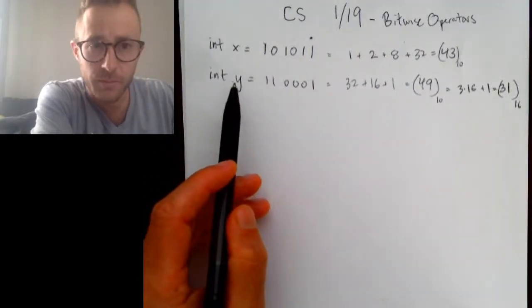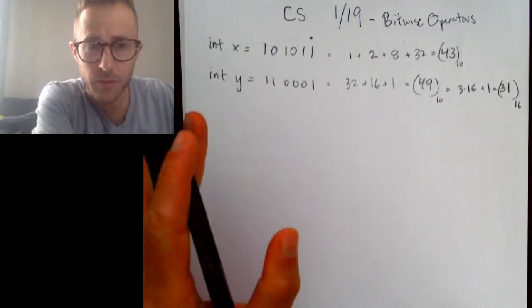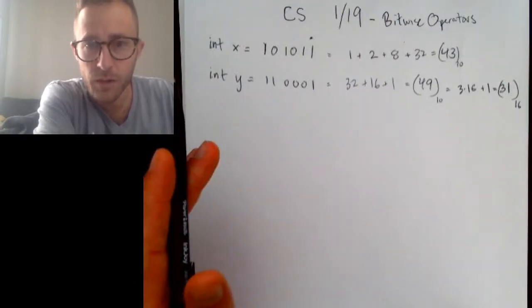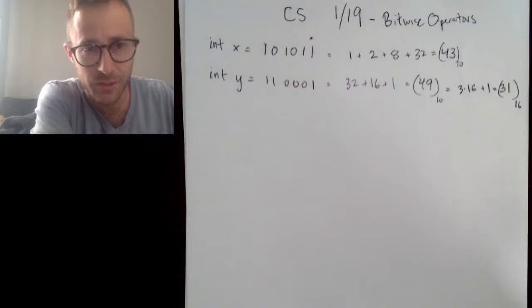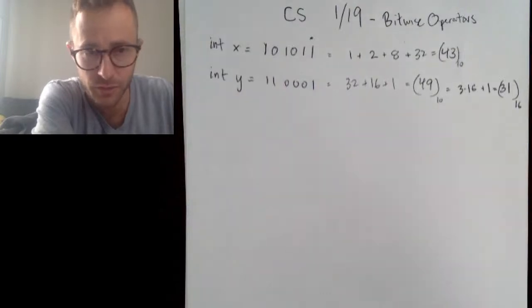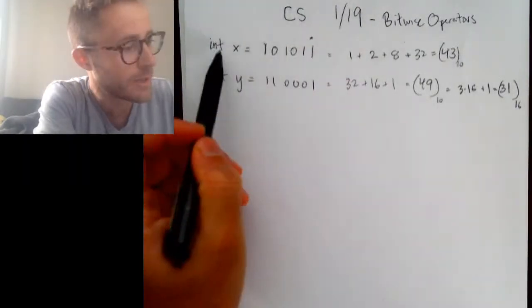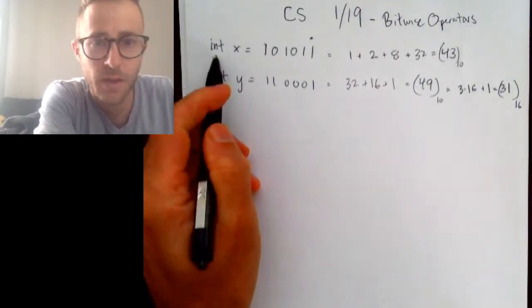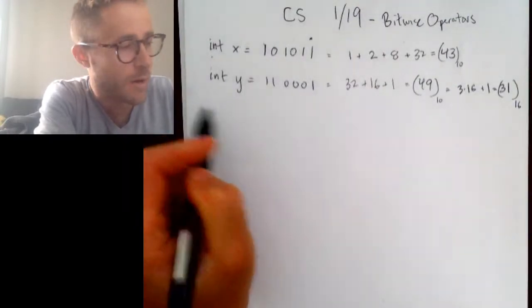It turns out that it is possible in Java for you to express an integer as a binary number if you define it using the correct terms, which I'm going to show you in a second. So this whole lesson we're going to be dealing with two integers, which I'm going to call x and y.